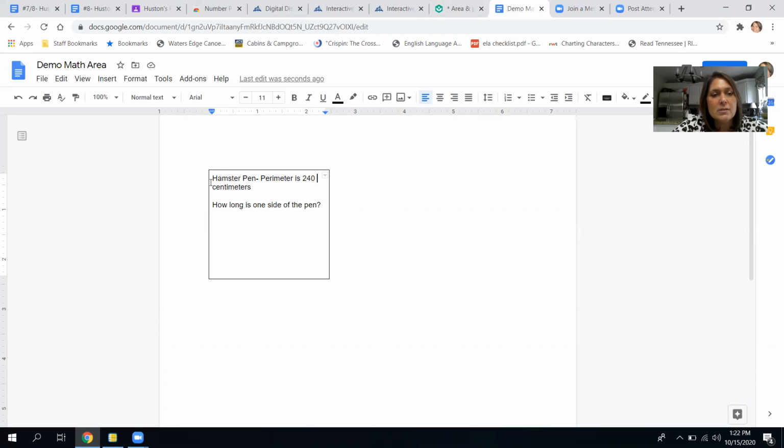There are 4 sides in this hamster pen, and all the sides are equal. So we can simply take 240 and divide that by the number of sides, which is 4, and that number will give you the length of each side. Easy way to do it.